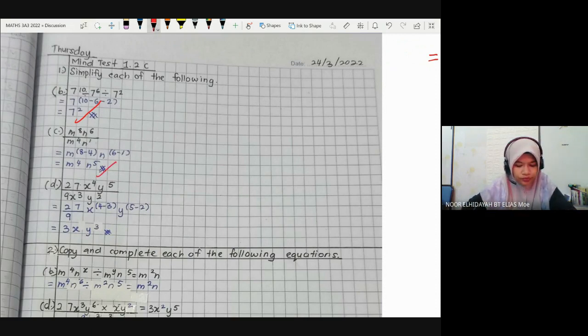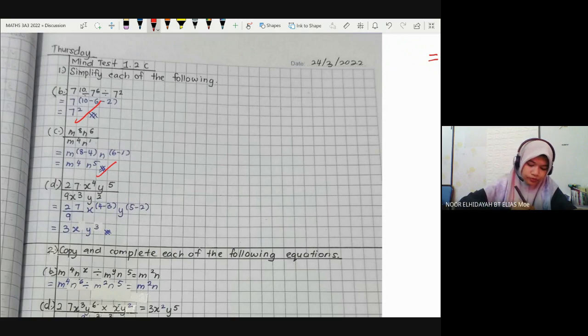The next one, D, 27 x to the power of 4, y to the power of 5 divided by 9 x to the power of 3, y to the power of 2. Now you have coefficients, so you have to solve the coefficients, and then you solve the other index form.